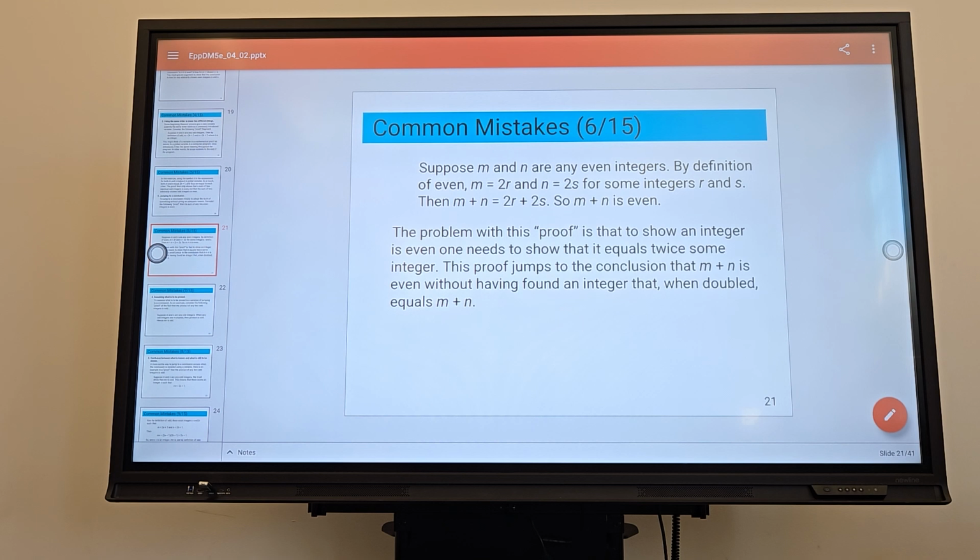Then m plus n equals 2r plus 2s. So m plus n is even. Well, missing some steps. You're on the right track, but you're missing some steps. You're jumping to the conclusion. You're jumping over steps that need to be shown to demonstrate the validity of the proof.